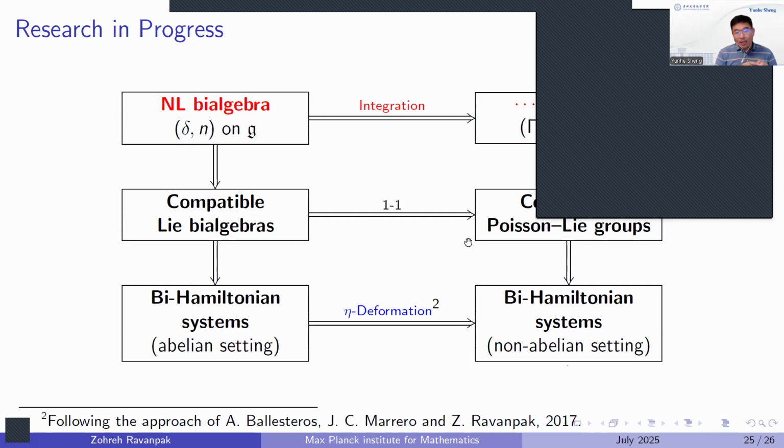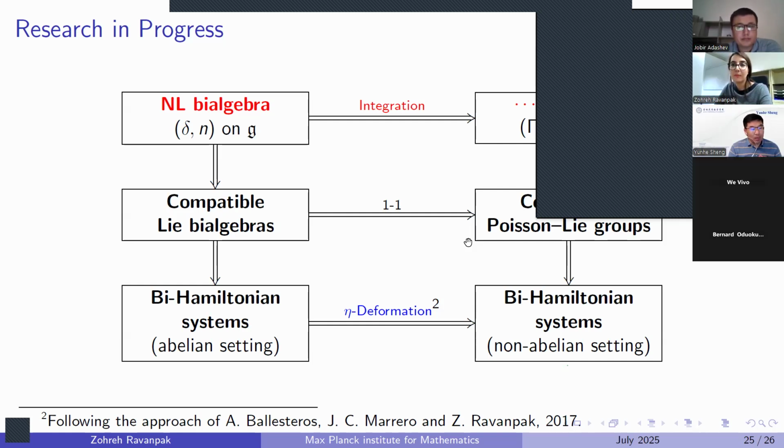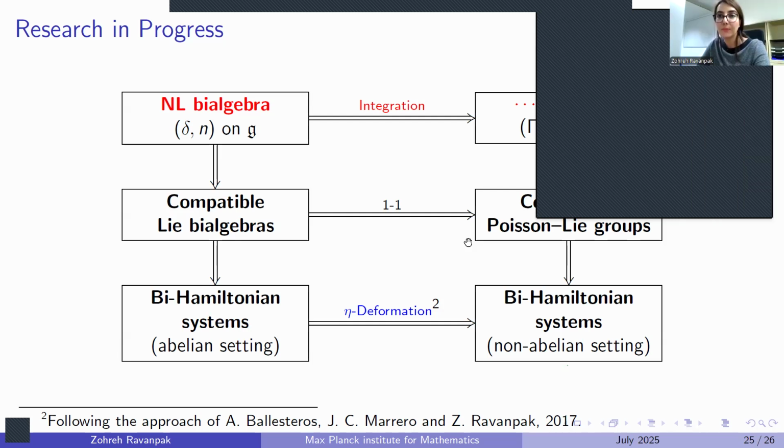Okay, so any linear combination is again a Lie algebra. Yes, because we have a paper studying compatible Lie algebras. It consists of two Lie algebra structures such that any linear combination is again a Lie algebra structure.